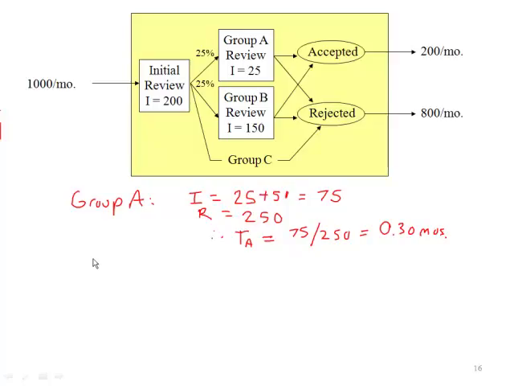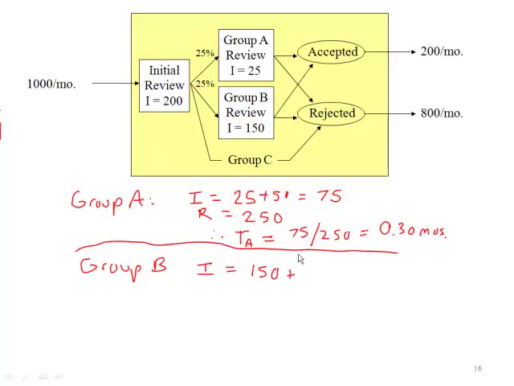Okay? What about group B? And let me just draw a line here to distinguish it. Inventory for group B is going to be 150 in the group B review plus 50 from the initial review, and that's going to be 200.